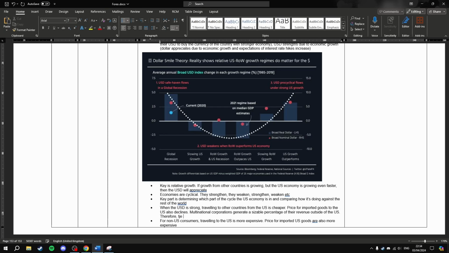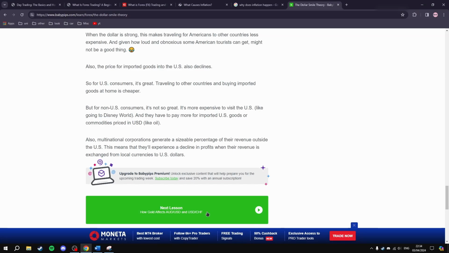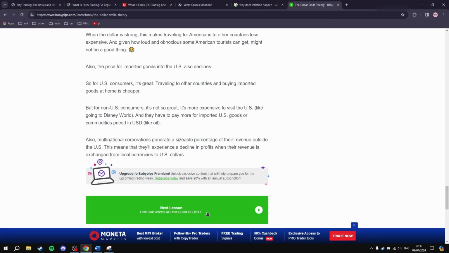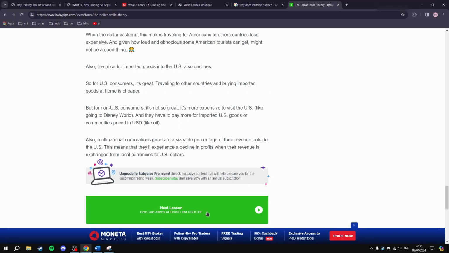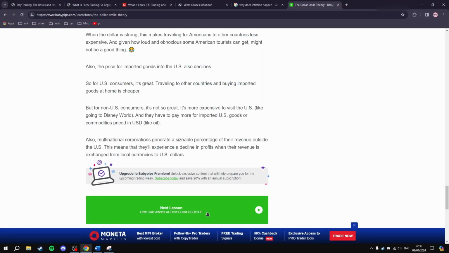Therefore, they'll experience a decline in profits when their revenue is exchanged from the local currencies to the USD.